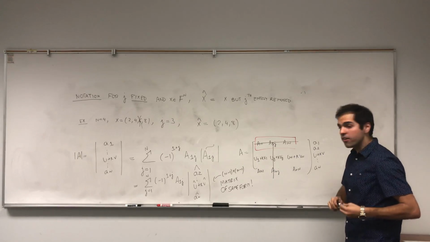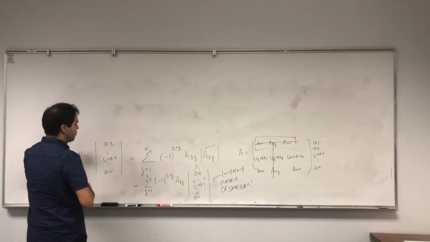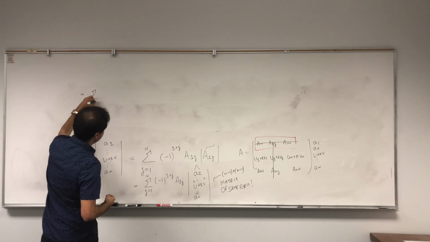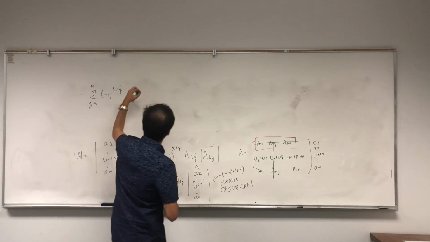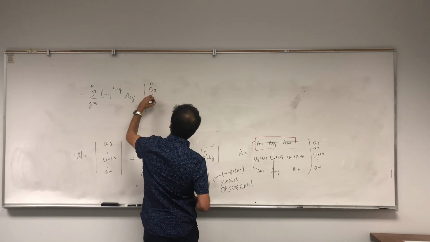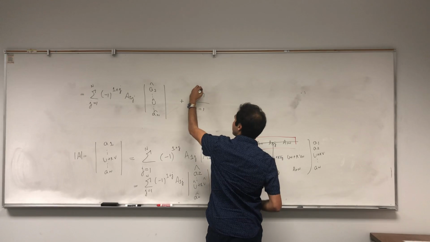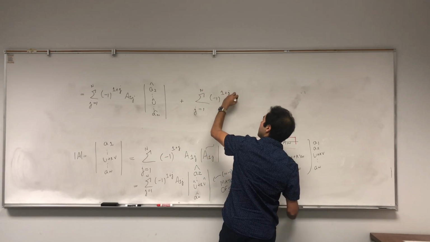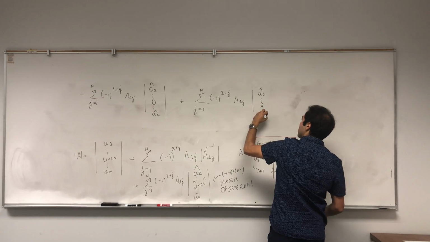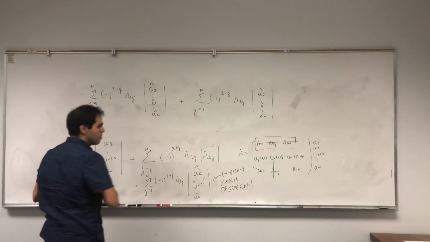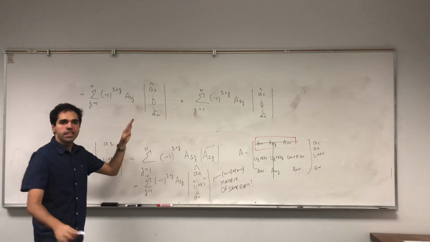And in particular now, we can apply our inductive hypothesis, which says that it's just of the form sum from j equals 1 to n of minus 1 to the 1 plus j, A1j, of the determinant of A2 hat, U hat, AN hat, plus, again, just distributing, sum from j from 1 to n of minus 1 to the 1 plus j, A1j, the same thing but with V. And by the way, it's possible that A2 hat will be of the form U plus KV hat, so you can use induction or just the case R equals 1.